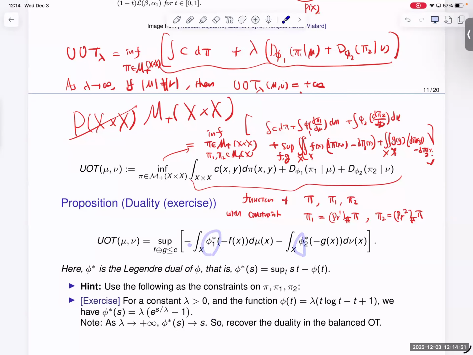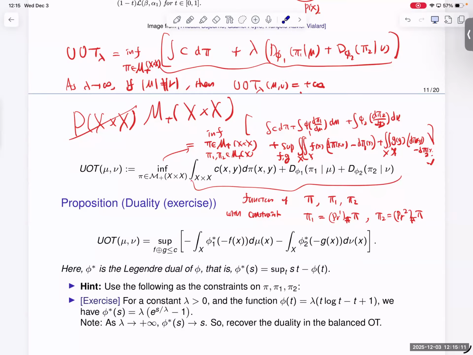So then this will converge to optimal transport. But the more detailed structure, given phi 1 and phi 2, of how exactly f and g look at optimality is something I didn't prepare.